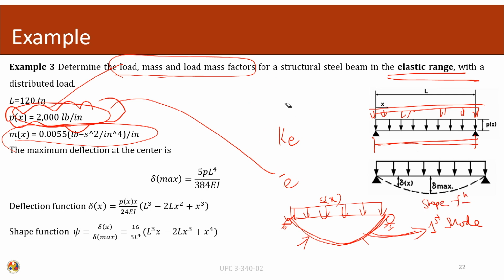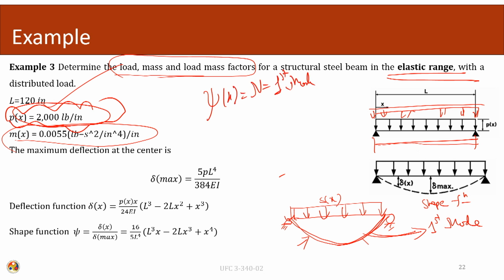So, this is the shape function, and it is mimicking the first mode. The numerator of the shape function, if it is mimicking the first mode shape, this curve, can be given by the deflection equation caused by a uniformly distributed static load. So, this equation we can write down.